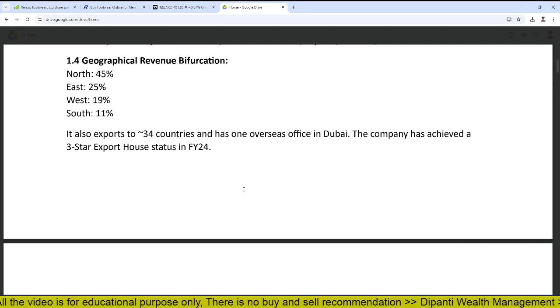West is Maharashtra, which contributes 19%, and the south contributes 11%. Why is this percentage less? Because VKC, another company, is a competitor of this particular company in the south.